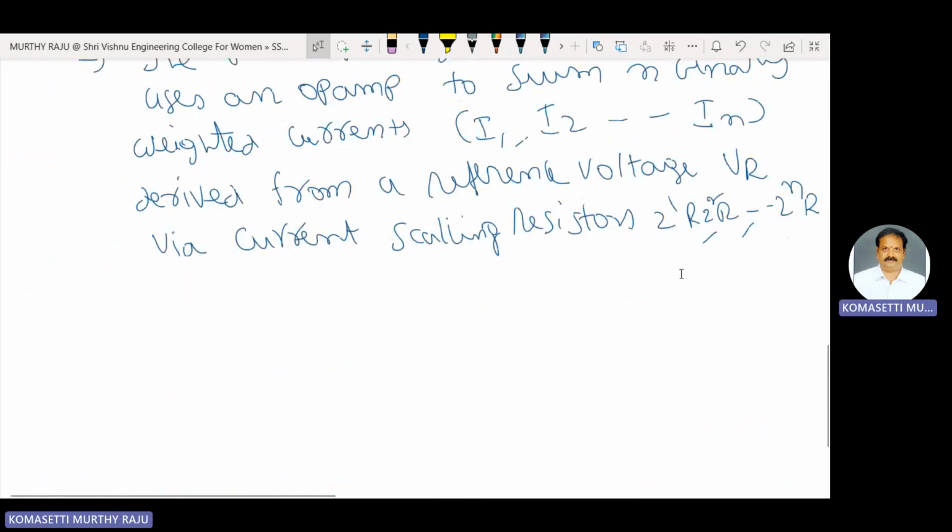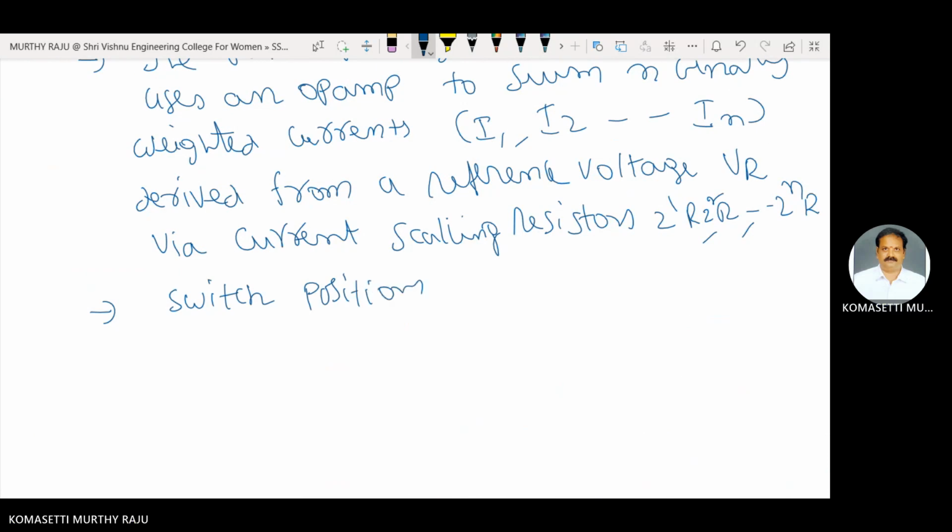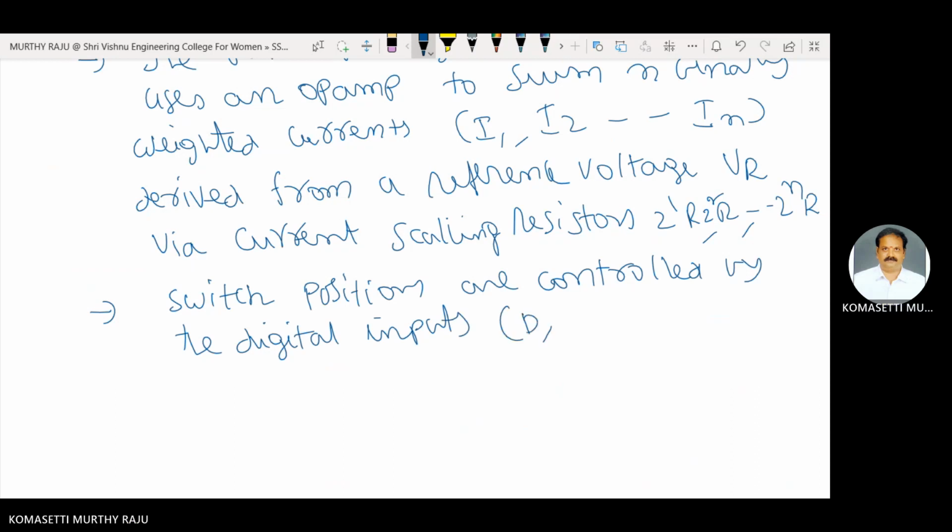One more important point here is switch positions. Switch positions are controlled by the digital inputs, digital inputs D1, D2, and so on and so forth Dn.